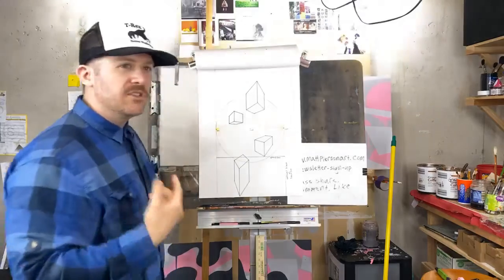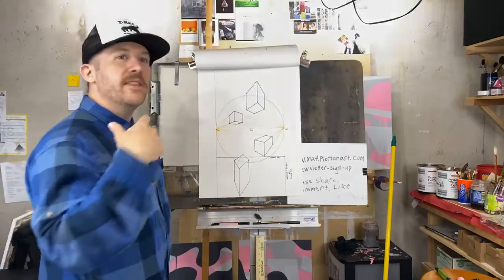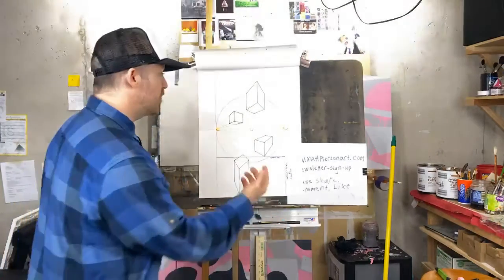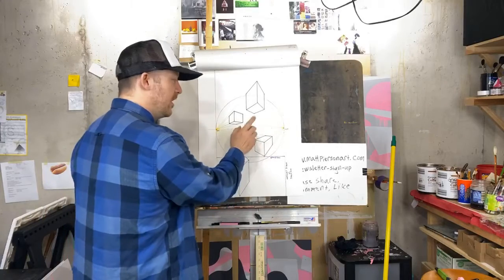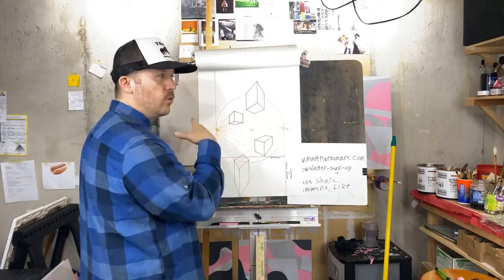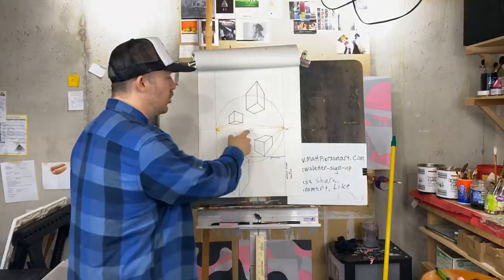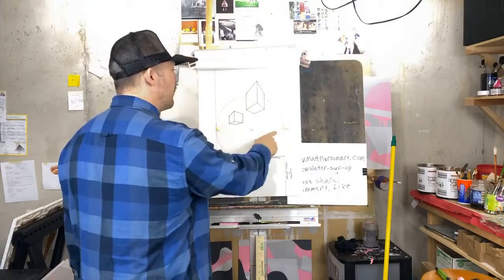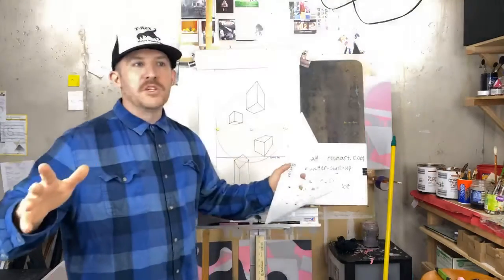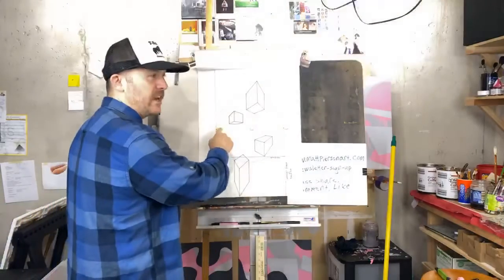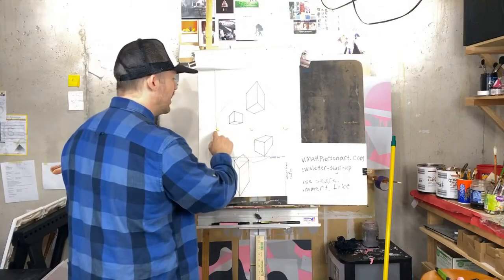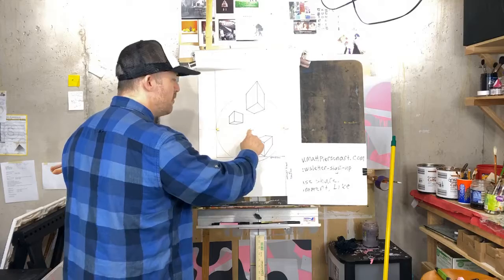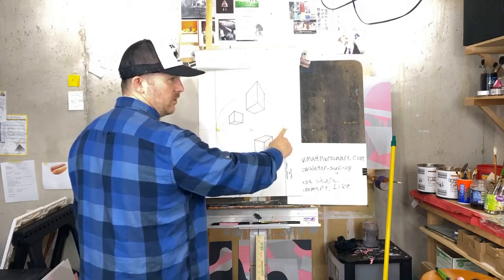And what you need to start doing is drawing that cone of vision. So you need to make sure that your central vanishing point is placed in the center or in an area that you are comfortable with. And you need to make sure that you have your left and right vanishing point equidistant from the central vanishing point. So if you make your left vanishing point 6 inches from the center, make sure that the right vanishing point follows suit, right?